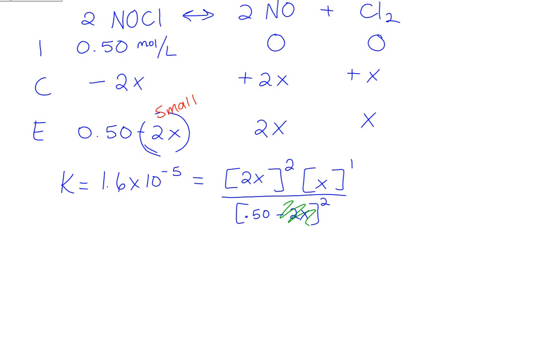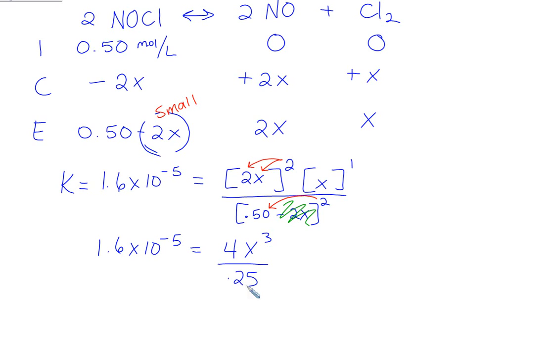Now I do still need to simplify this. I'm still going to need to square this, and this. But could I simplify this and say 1.6 times 10 to the negative fifth equals, on the top, 4x cubed over 0.25?